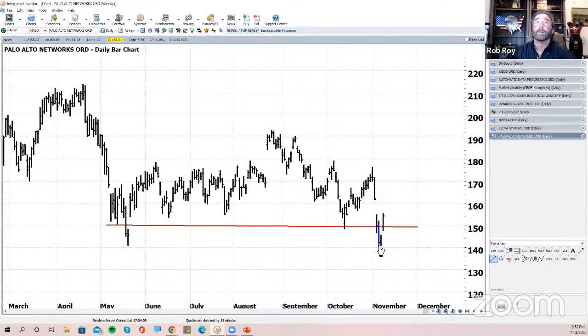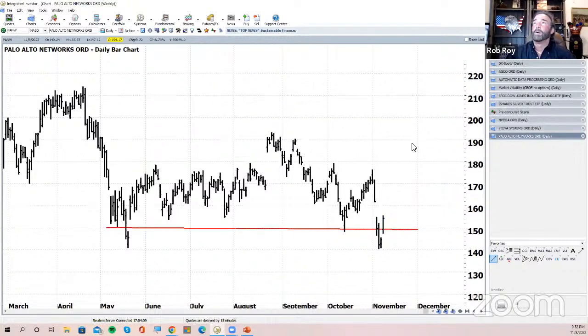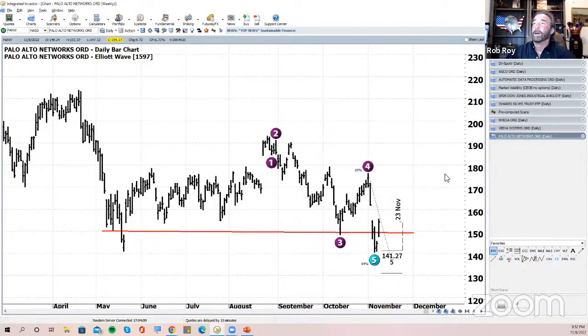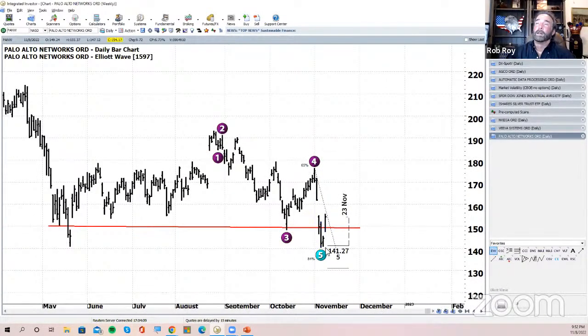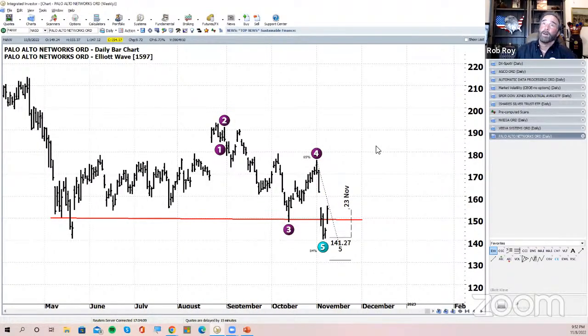See that breakdown on the 4th? No follow-through, moved back to the upside, and we got back above 150. Let's see what the pattern looks like here. Oh, look, we hit 2 days right there on the top of the wave 5, and we got a gap up here. I would have a hard time thinking that we don't see that 160 gap get closed on PANW. That looks really good to me.